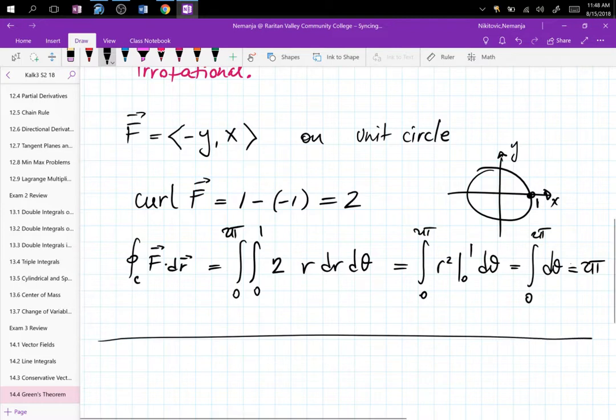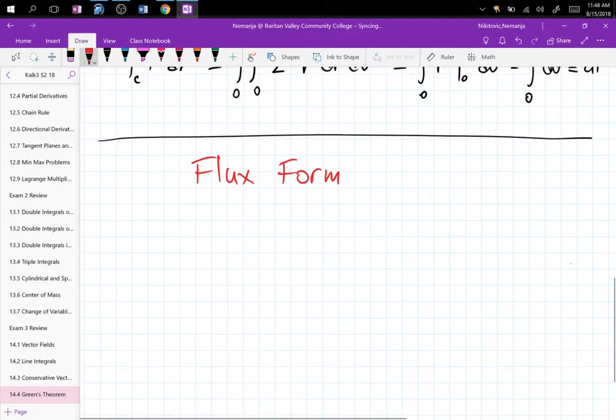So that's that. And now we have the flux form of Green's theorem, which will use divergence to compute the... so flux form. Same conditions.